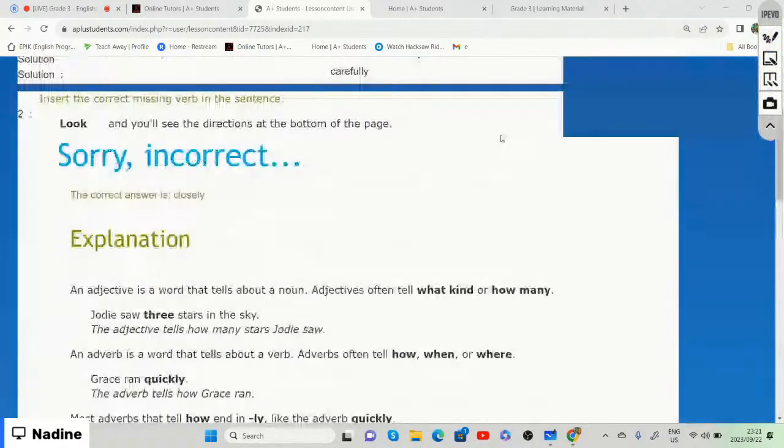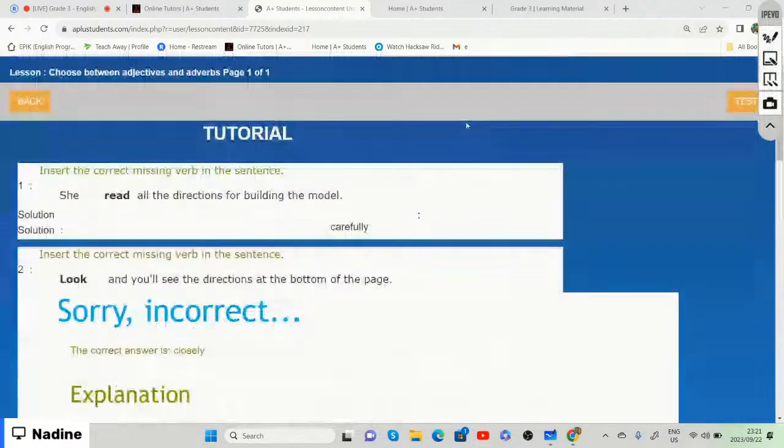All right, so now we're going to look at a few examples of exercises or activities or questions. We need to insert the correct missing verb in the sentence.